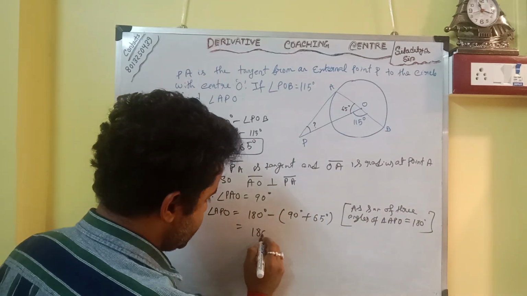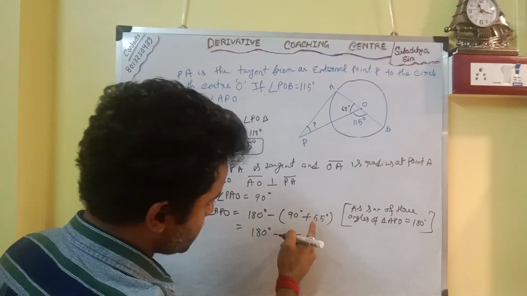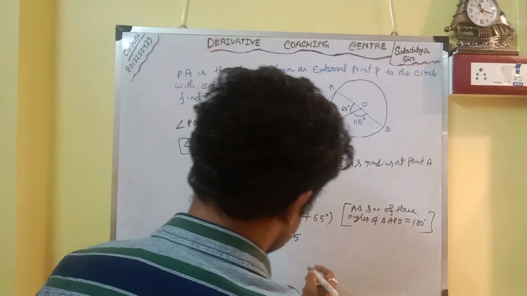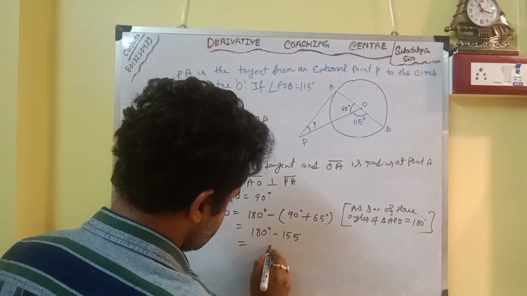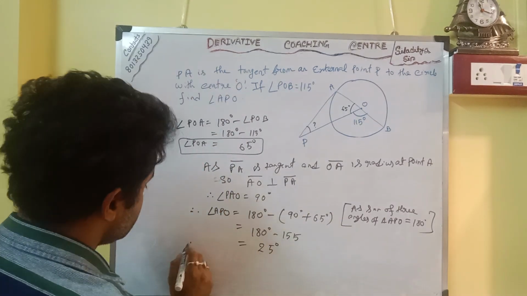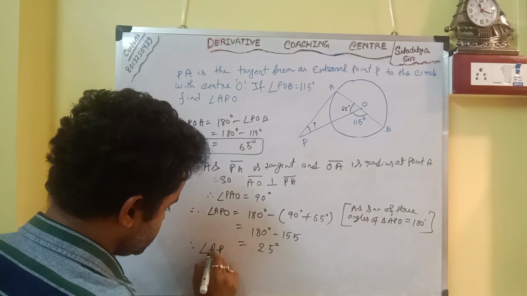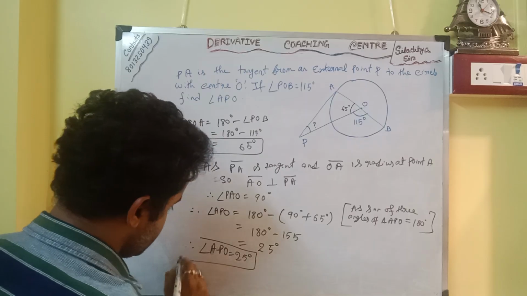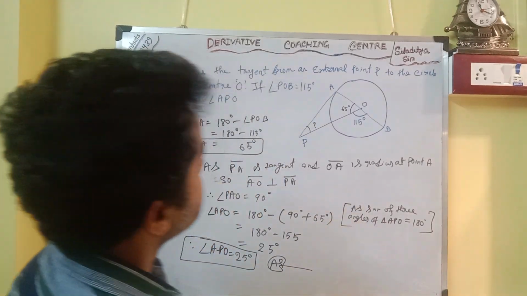Okay, so 180 degree minus 155 degree is 25 degree. So angle APO equal to 25 degree. Okay, so thus we already solved the first question.